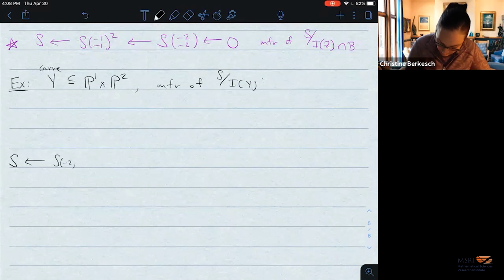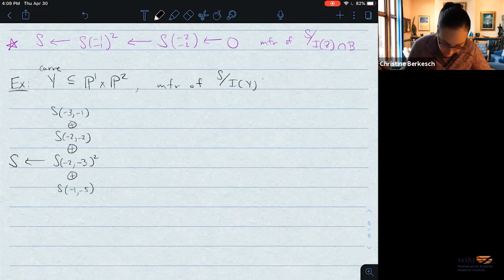I'm going to write my vectors transposed just to save a little bit of space too. So we have all of these forms generating.